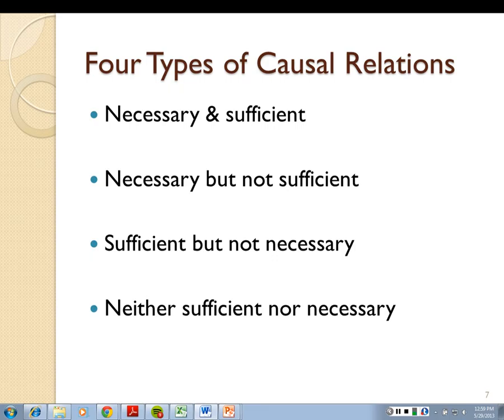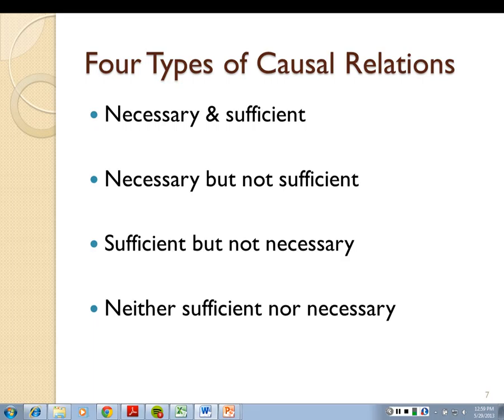A factor may be sufficient but not necessary, meaning that the factor alone can cause the disease process, but other factors by themselves or in conjunction can cause the same disease. For example, vitamin B12 deficiency can cause anemia. It is a sufficient cause of anemia.